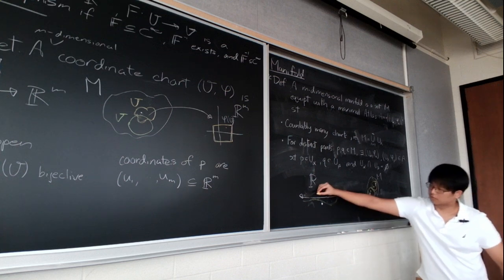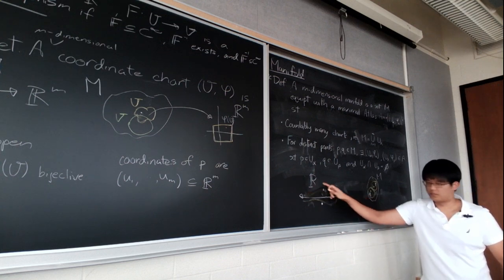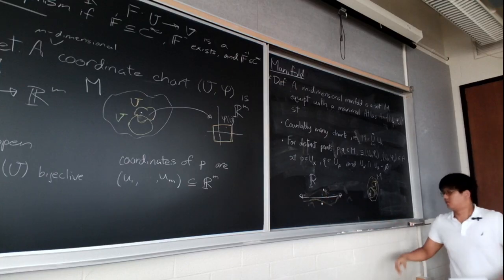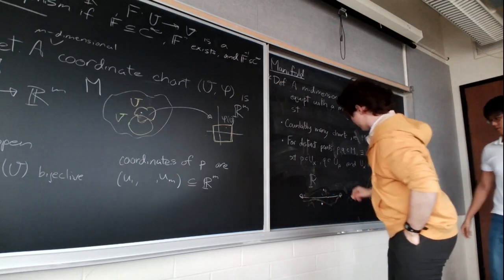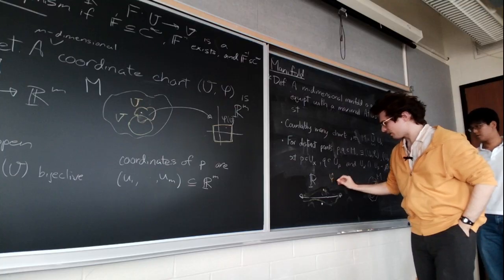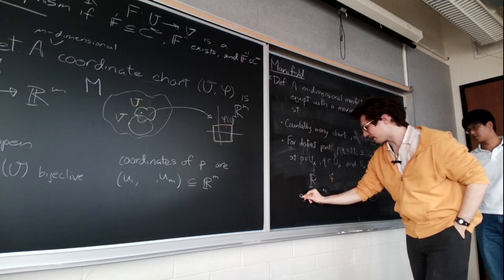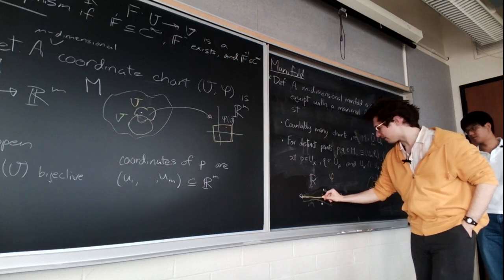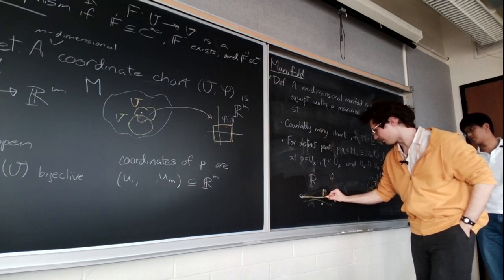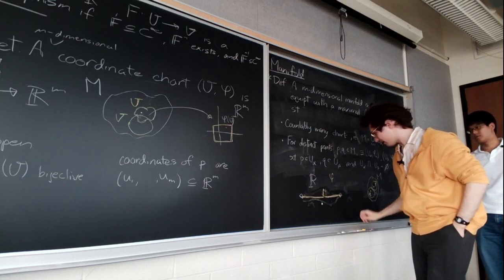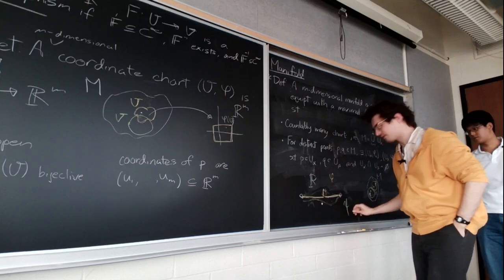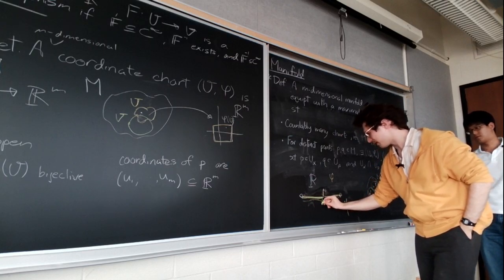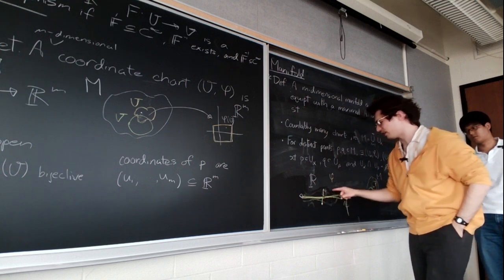Let me just write. I need a chart. I can define one chart phi, which sends this point to its associated point on the real line, and then sends this point to 0. Then I can define another chart psi that sends everything here like this, but sends this point to 0 and doesn't consider this point.